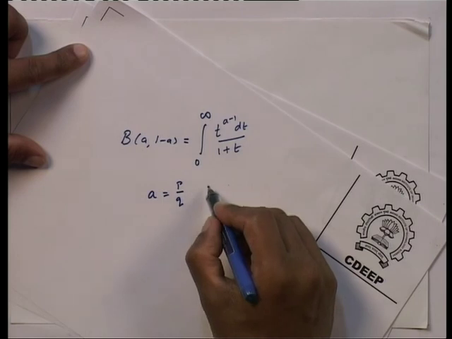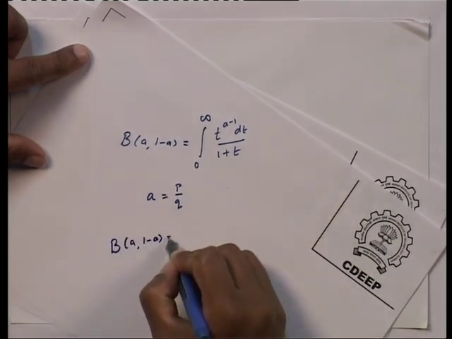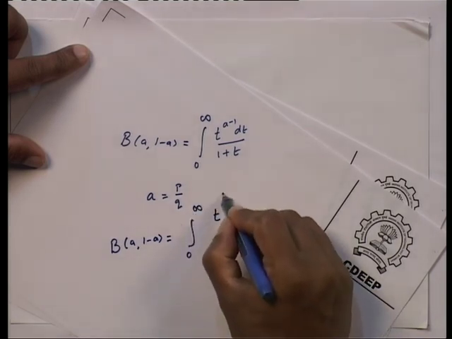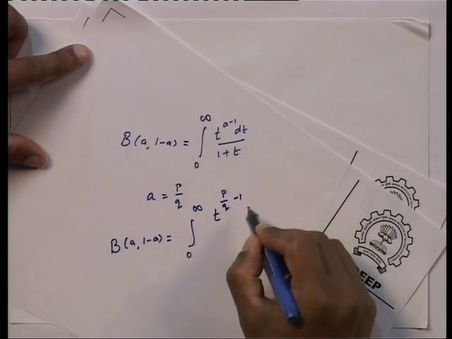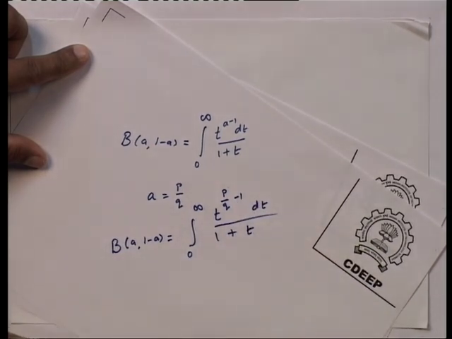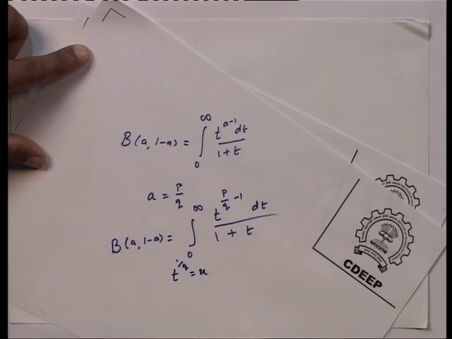So beta a 1 minus a equals integral 0 to infinity t to the power p by q minus 1 dt upon 1 plus t. What happens when you put t to the power 1 by q equal to u?